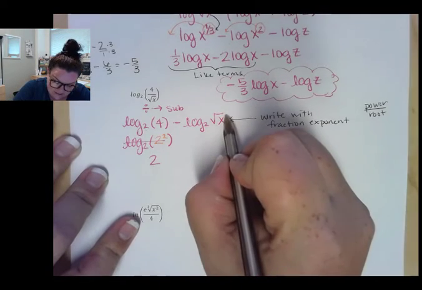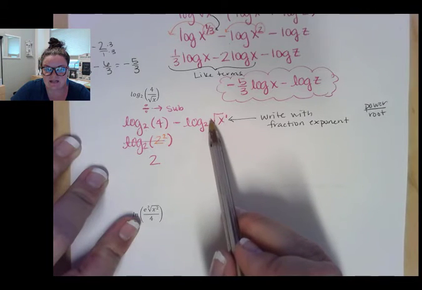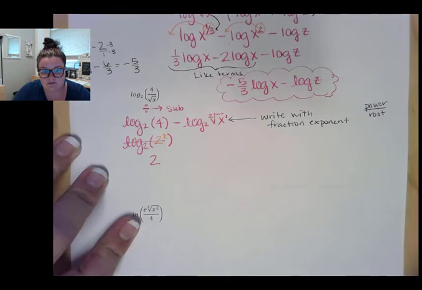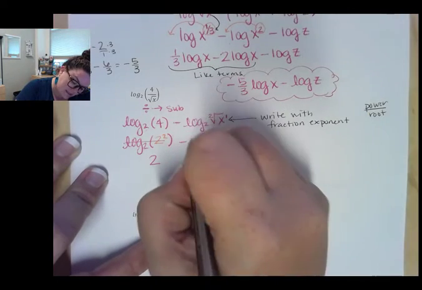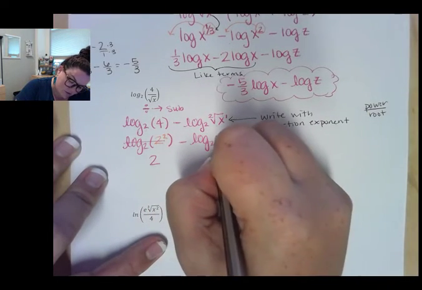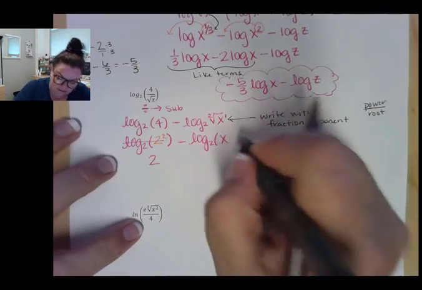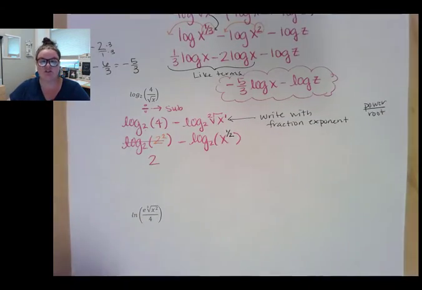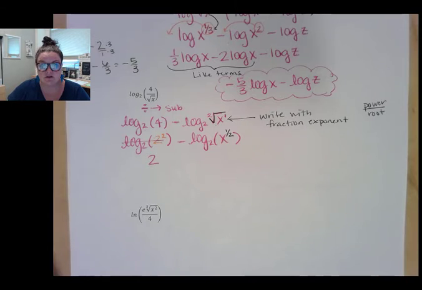This is just an x to the 1. And then my radical, if there's no number written in the index spot, it's considered a square root. So I can rewrite this as log base 2 of x to the 1/2 power. So I just rewrote this square root with a fraction exponent.